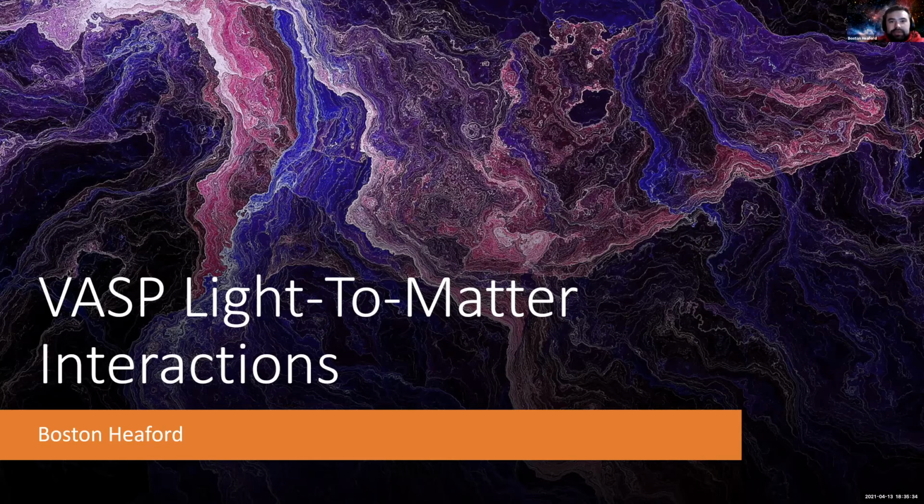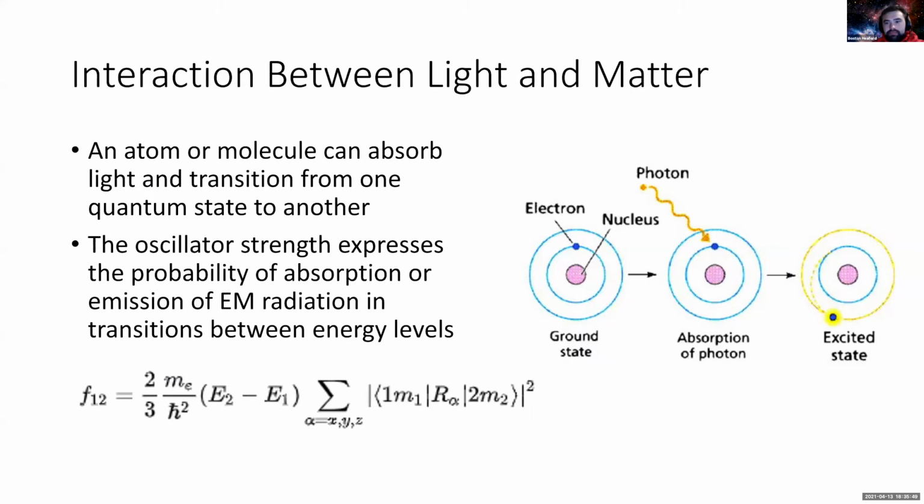Yeah, so my presentation is on VASP and specifically light-matter interactions in VASP, because materials interacting with light is a big subject in many different fields for many different reasons. So just a very brief overview of some kinds of interactions between light and matter. A photon can excite an electron in the material to a higher state, or vice versa.